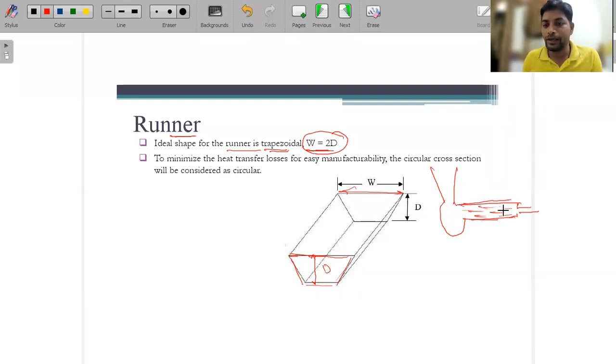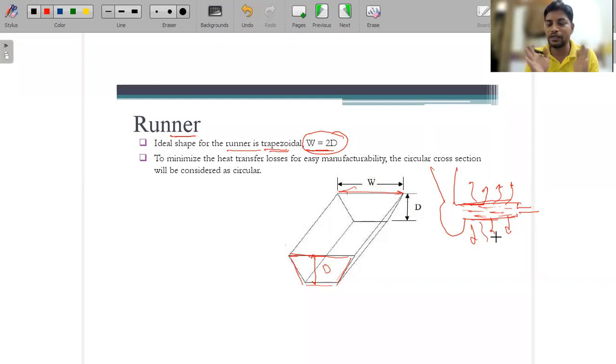The material has not entered the gate till now, so what we want is that it should not cool very easily. Whatever heat is passing through these cross-sectional or peripheral areas should not be that large.